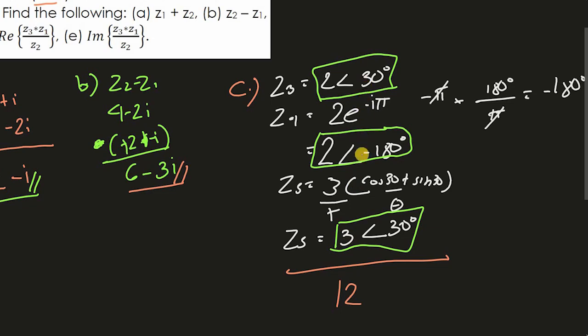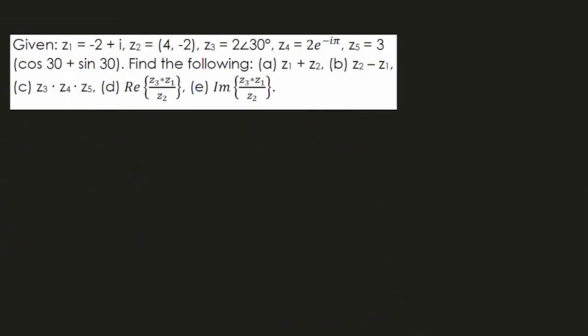And for the angle, since we are multiplying, i-add lang natin lahat ng mga angles. So yung angle niyan, 30 plus negative 180, that would be equal to negative 150. Negative 150 plus 30 is negative 120 degrees. So basically, guys, this is our final answer. Alright? Next. Okay. Solving for letter D, guys.